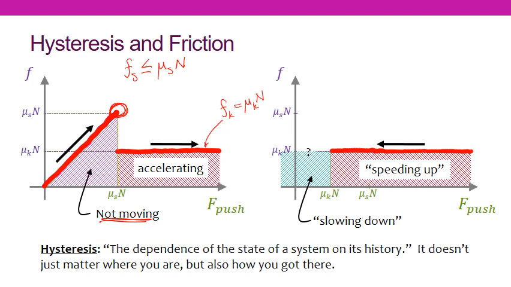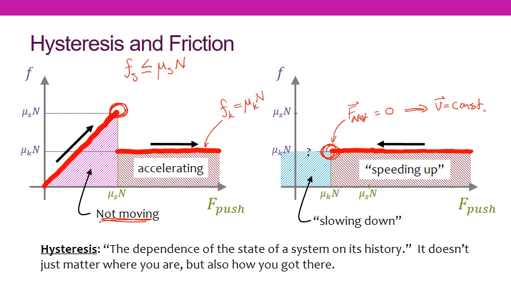When we reach the point where our pushing force equals our kinetic friction, this is the point where we'll get a net force equal to 0. And again, this is assuming that we only have those two forces in our horizontal direction. So we'll get a net force equal to 0, and this is where our velocity becomes constant. But our velocity does not become 0. So we still are moving.